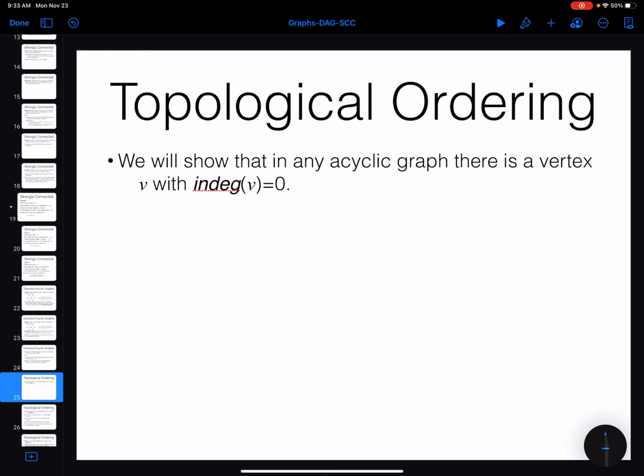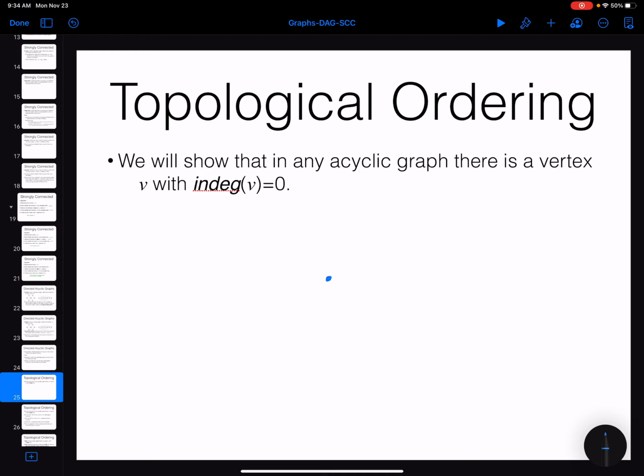At least there is one node in an acyclic directed graph where the in-degree for the node is going to be 0. I can prove this one, but here is the intuition again.